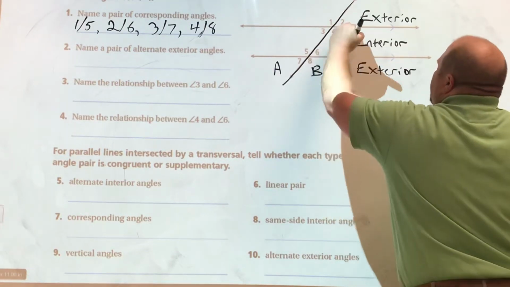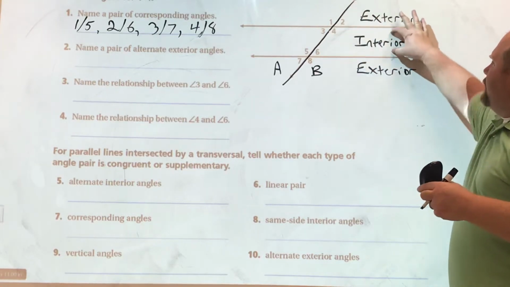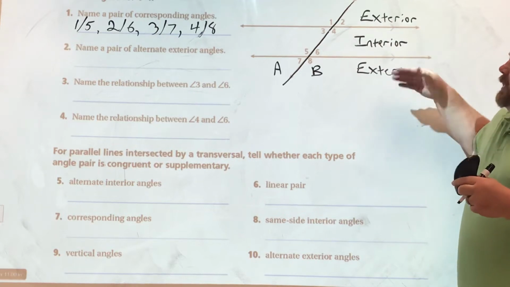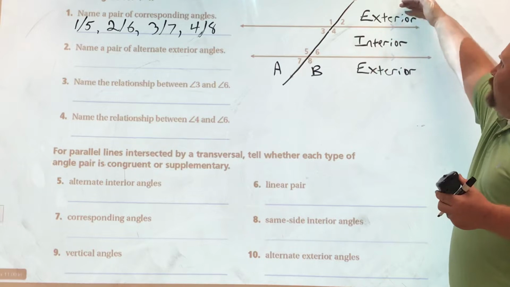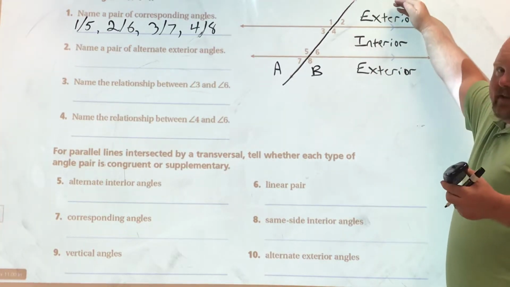If this was the floor and this was the ceiling, anything in here would be the interior of the house. Anything above or below that would be exterior. Obviously, if this was a house, the exterior right here below would be like the dirt, and above would be the air and the clouds and anything above the roof of the house, okay?